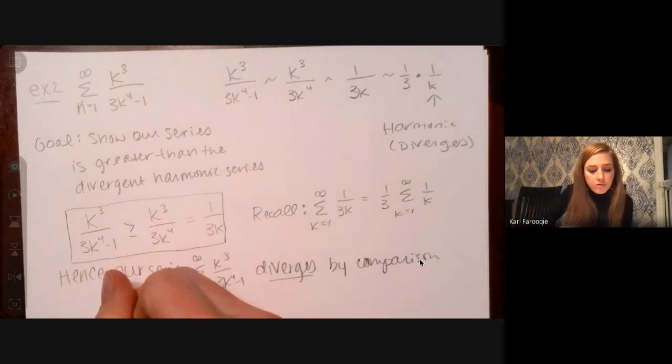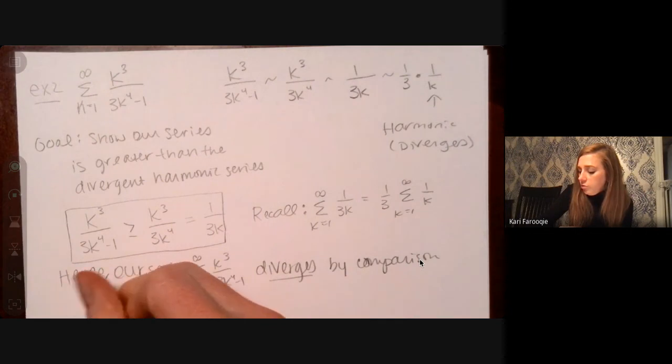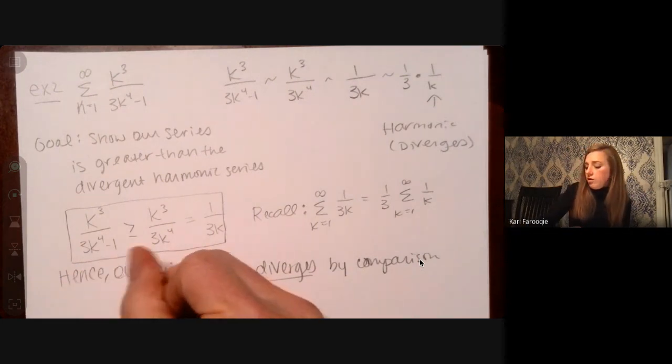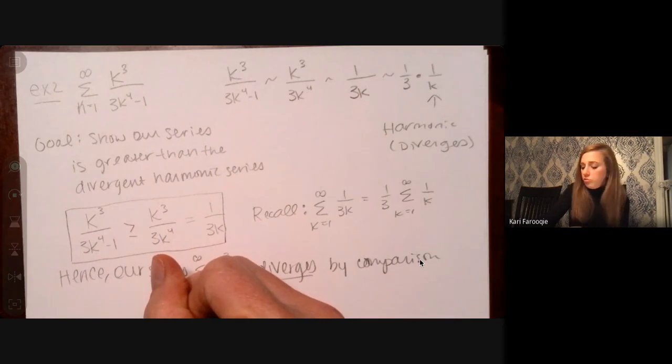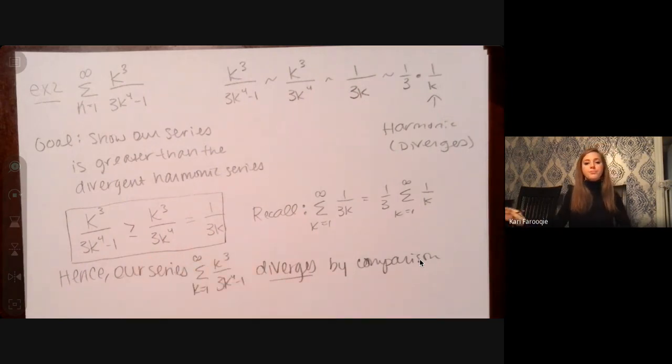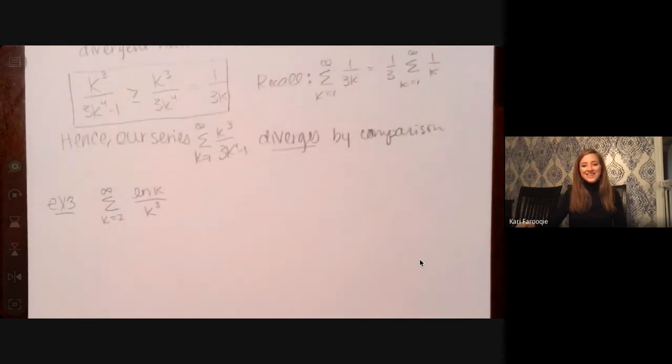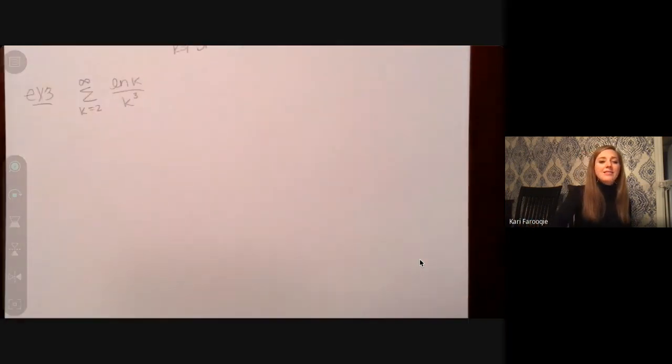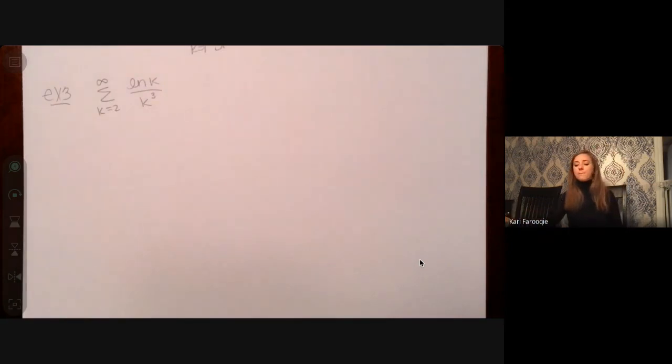This will be the series from k equals 2 to infinity of ln k divided by k cubed. Here's your series. Now, I think looking at this series, it converges.